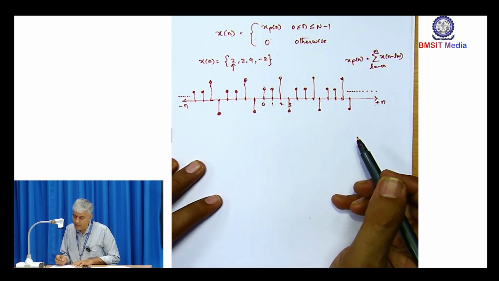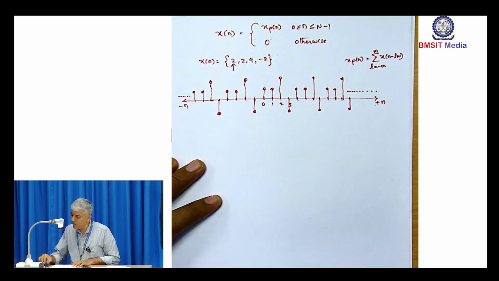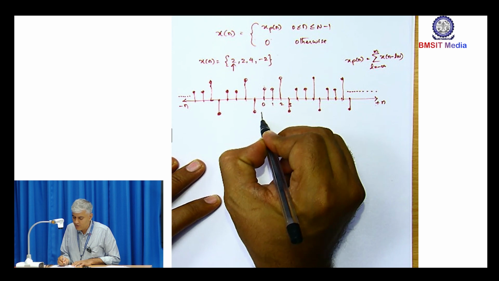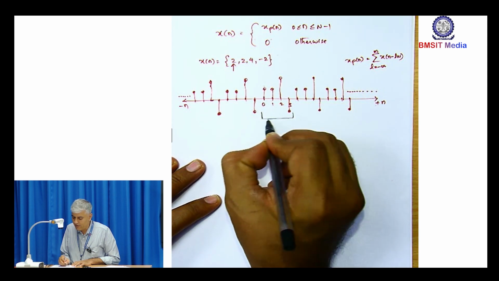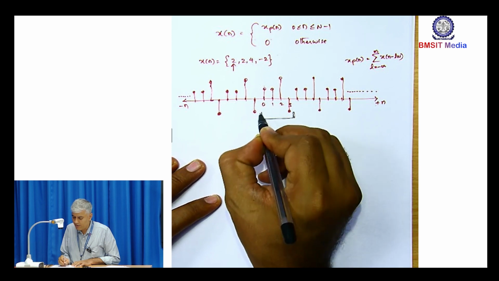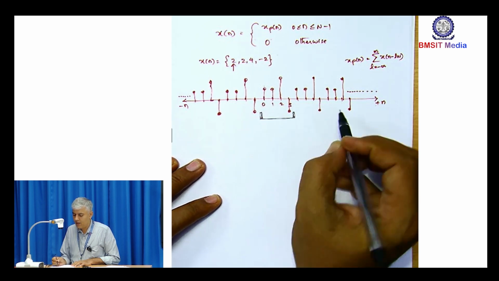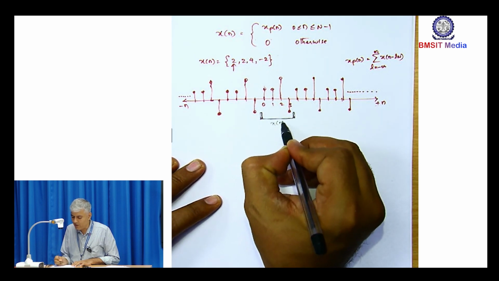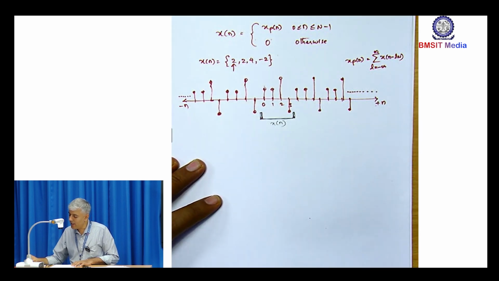So, the signal is defined only over this range. If you want to recover this portion from xp of n, here only you find x of n, the rest are other copies in xp of n.